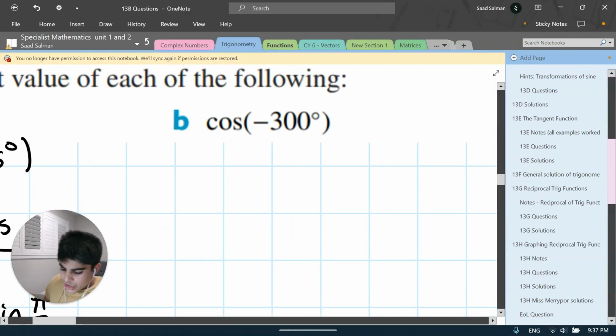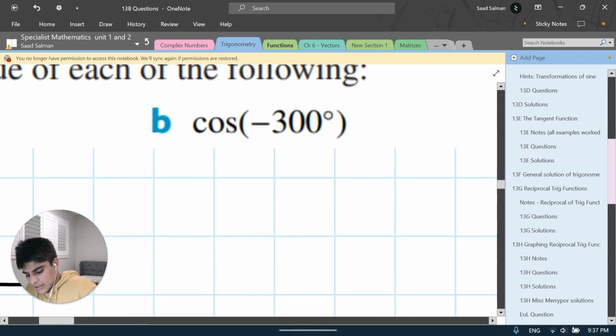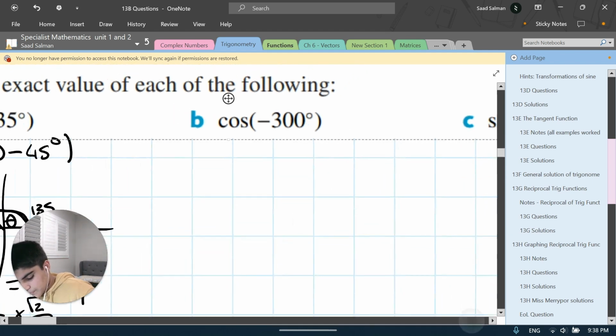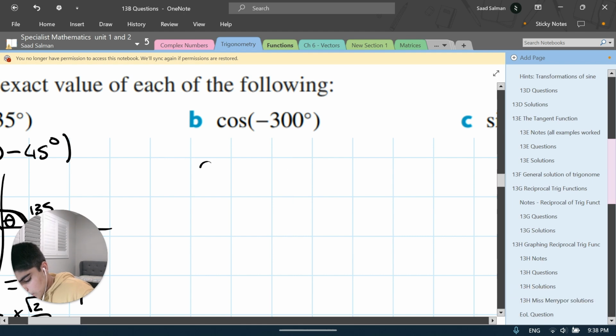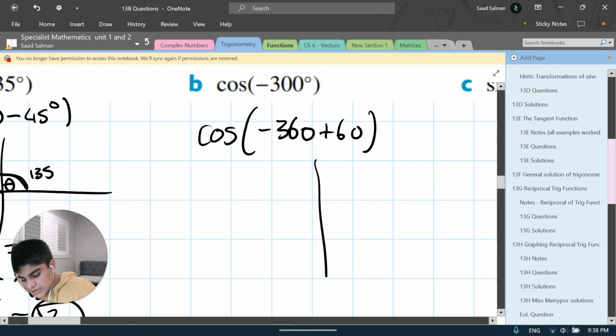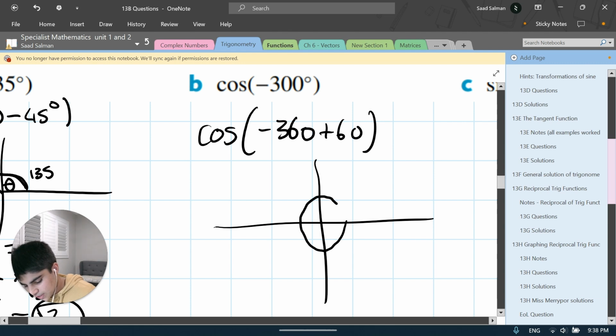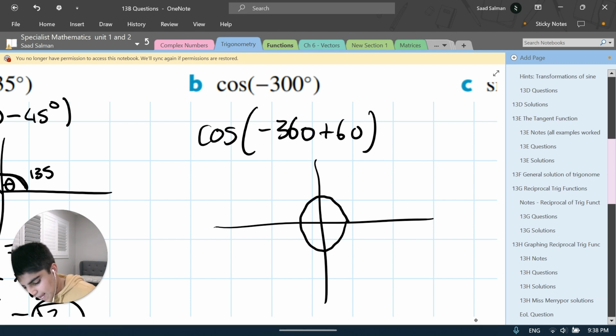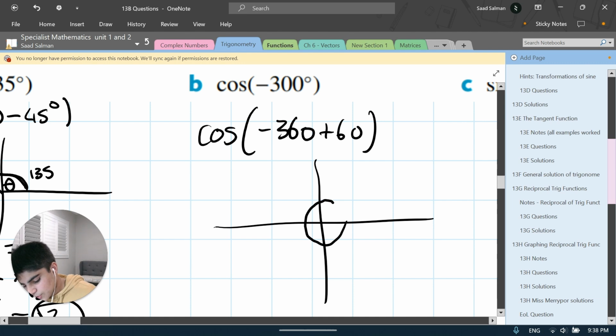Okay, cos negative 300 degrees equals cosine negative 360 plus 60. Let's picture this. We're going a full rotation, negative 360 degrees, but then we add 60 degrees, which brings us here.